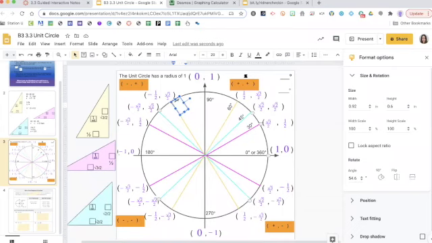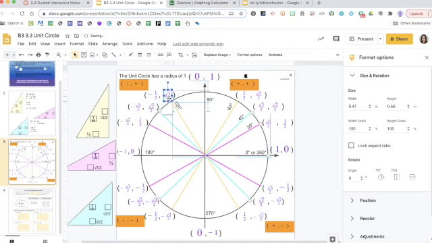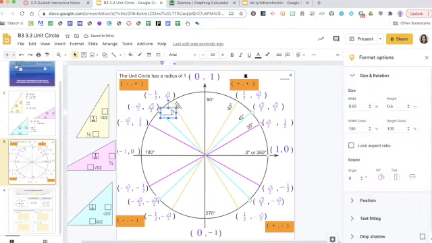Should be pretty easy math that I'm asking. Yep, 120. Okay, the blue was 45 degrees. So what is 45 degrees past 90 or 45 degrees shy of 180? Same number. Yep.